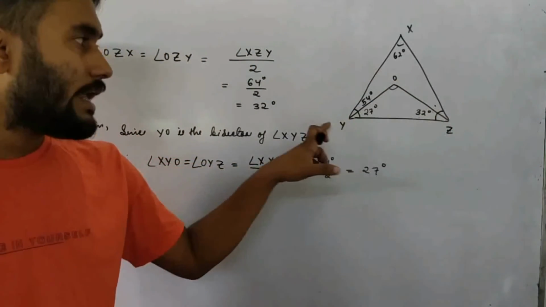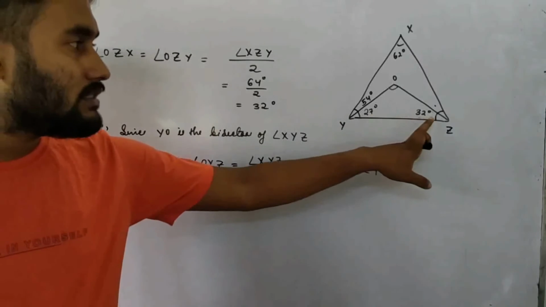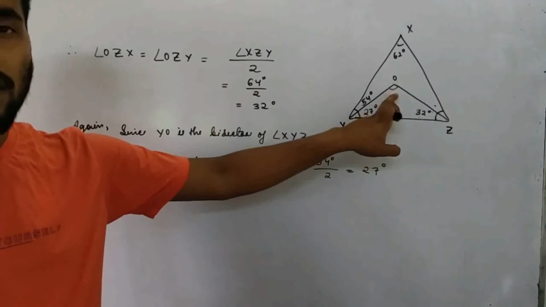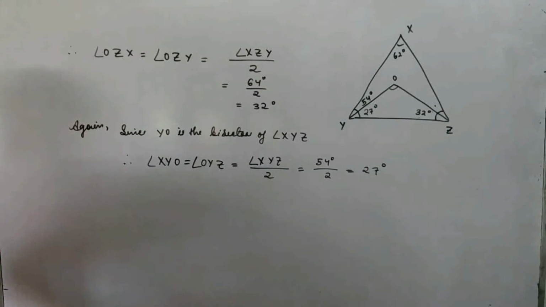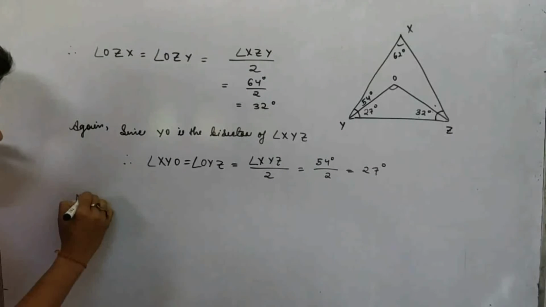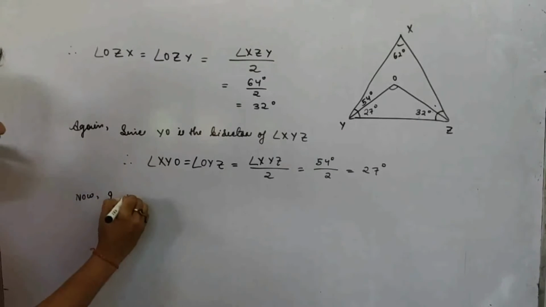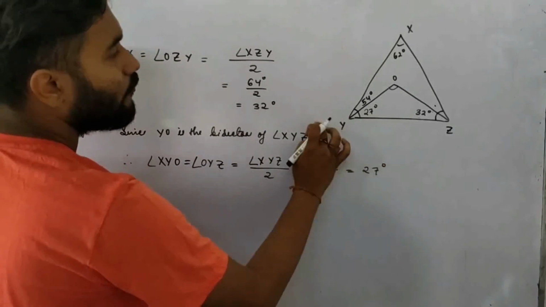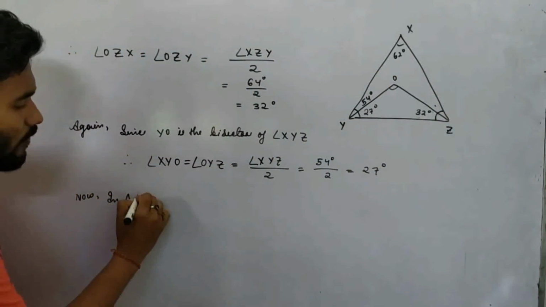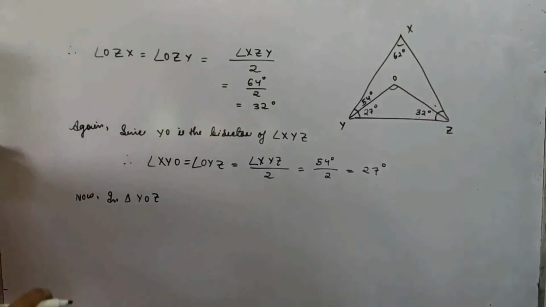Now very simple. In this small triangle, this angle you have, this angle you have. By the angle sum property, we can find this angle. So use the angle sum property. Now in the small triangle named YOZ, add all the angles.